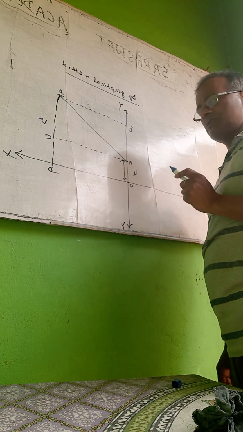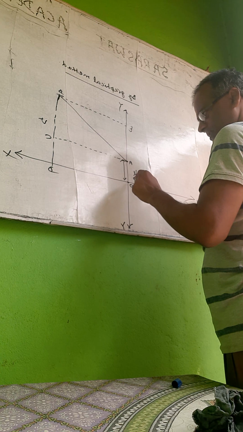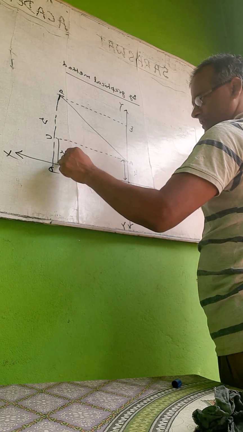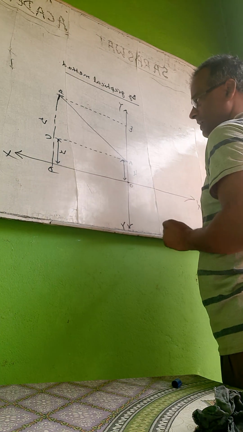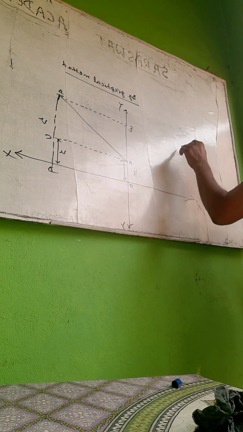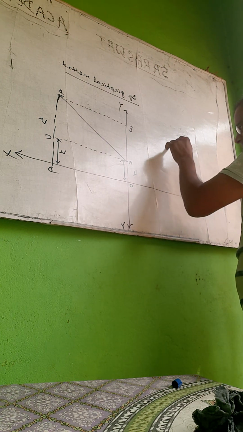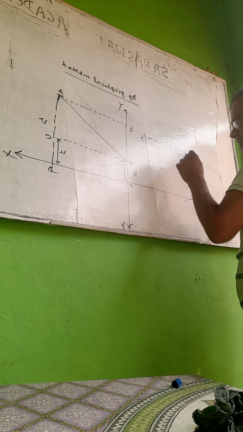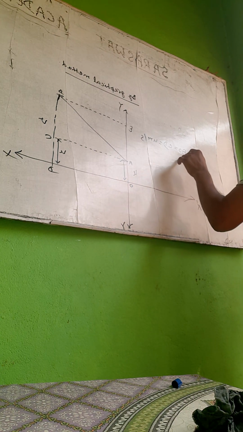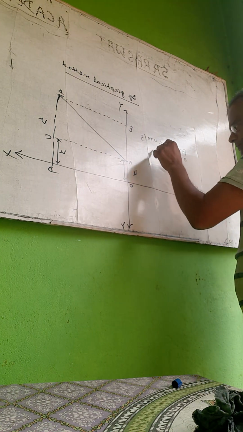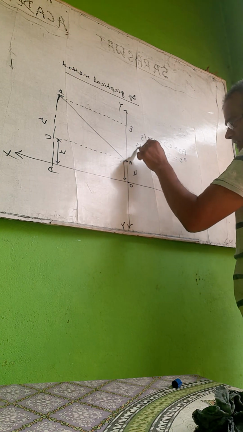From construction we see that AO is u, then CD will also be u. AO equal to CD equal to u meter per second, and OE equal to BD equal to v meter per second.